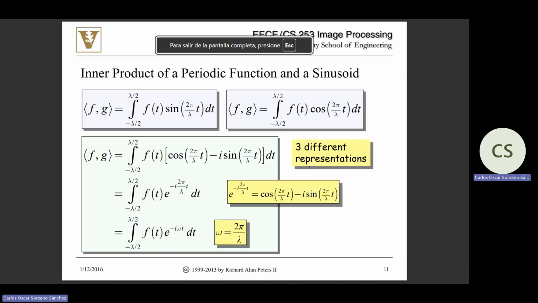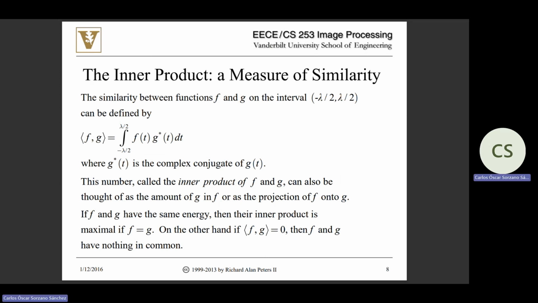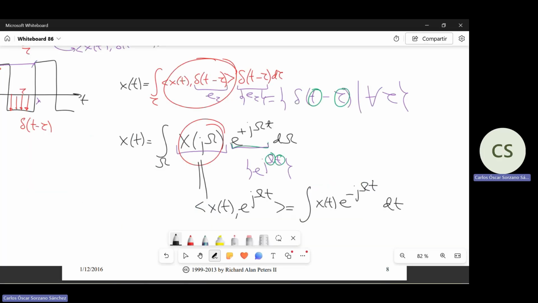When we want to compute the inner product between two functions, the second one has to be complex conjugate. The complex conjugate of e to the j omega t is e to the minus j omega t. The complex exponential you all know, right? Okay, very good.